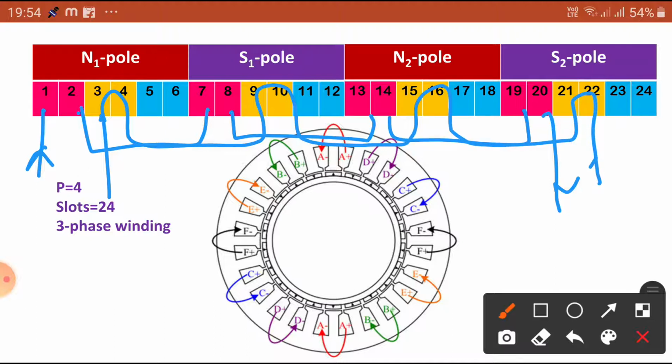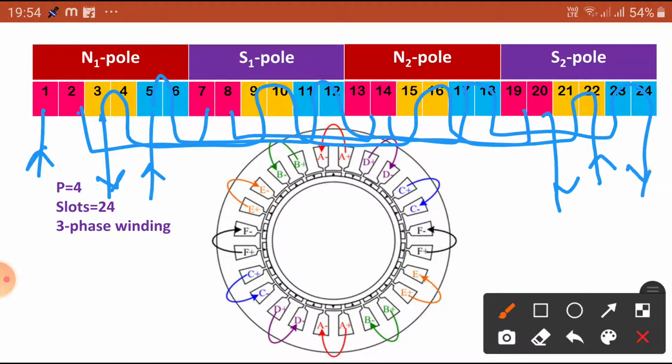In this case, the winding connection should be given such that the current is leaving here to create the 120 degrees displacement. For the B phase, you start here and the winding is connected, going in this direction. This is the starting, this is the ending.